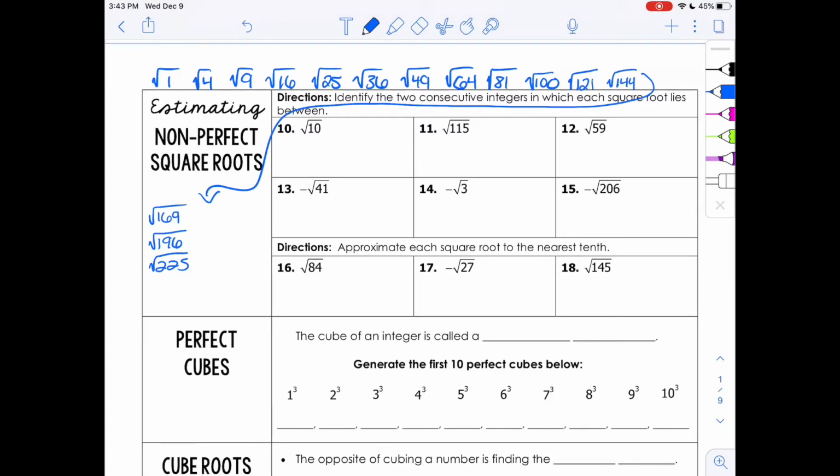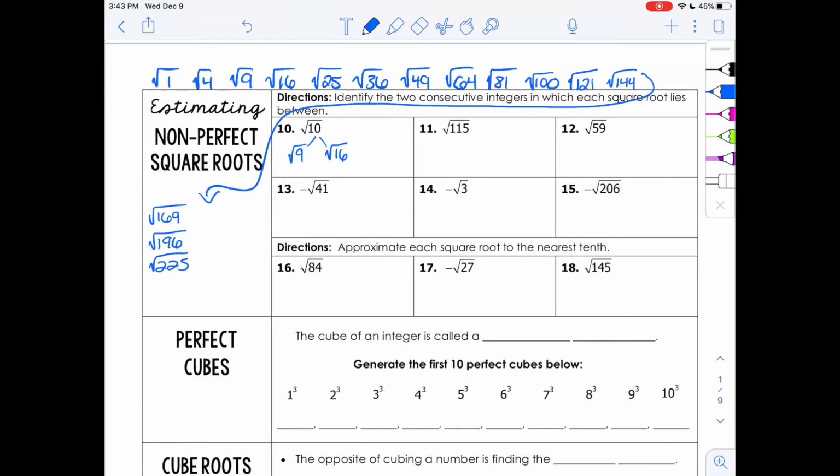So if we think about the square root of 10, if we were to place this in our list, keeping it in numeric order, it would fit right here between 9 and 16. So those are our two perfect squares on either side of the square root of 10: the square root of 9 and the square root of 16.